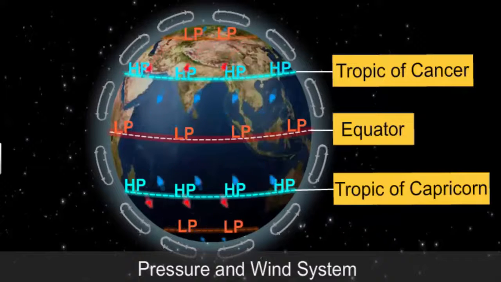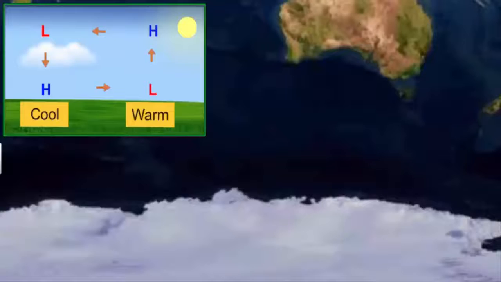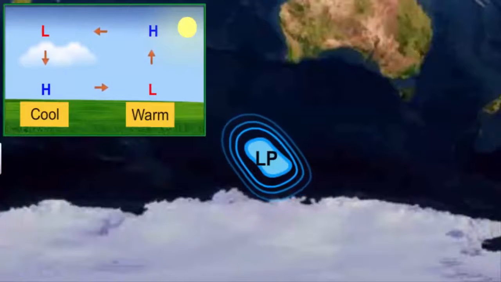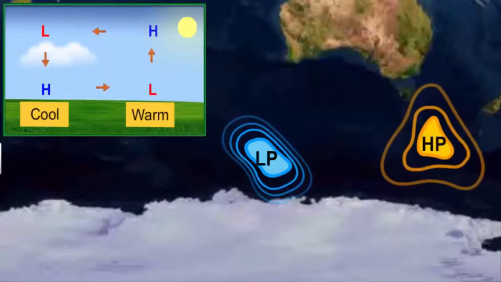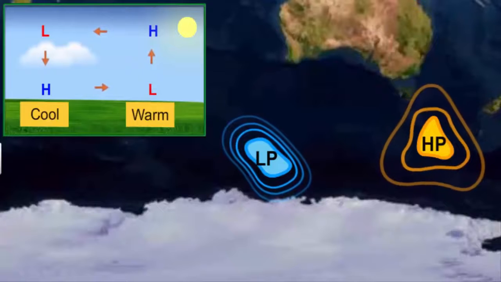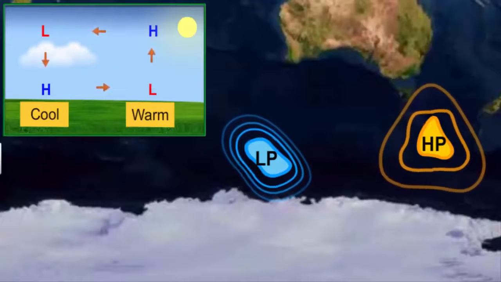The variations in air temperature also control the pressure and wind system of a place. Warm air has a tendency to rise, creating low-pressure areas, while cold air tends to sink, creating high-pressure areas.